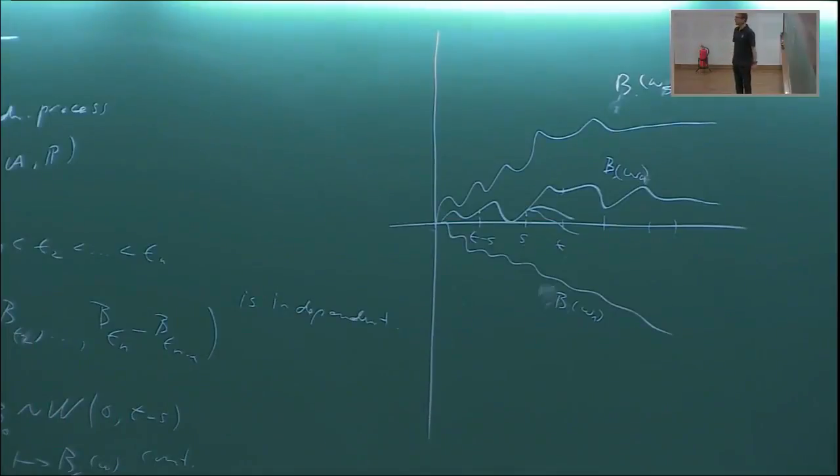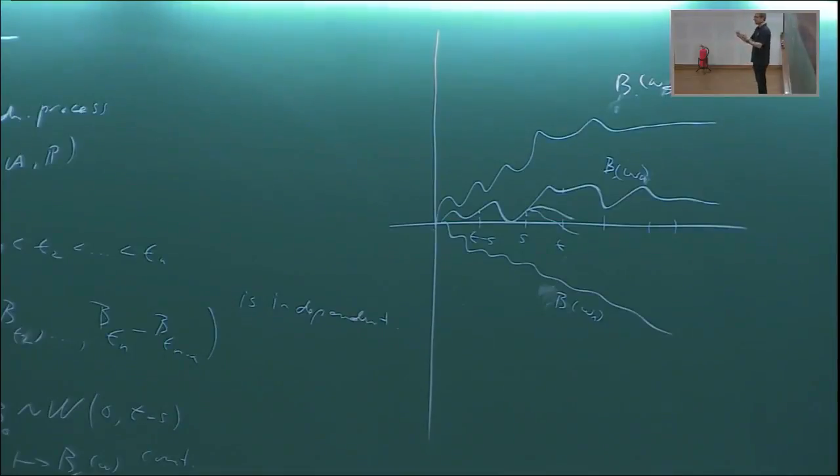We just have the same distribution. So we should write it as equal in distribution. The distribution of this and this is equal, but this does not mean that they're independent. In general, no.